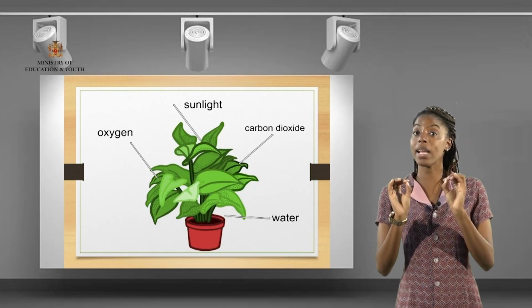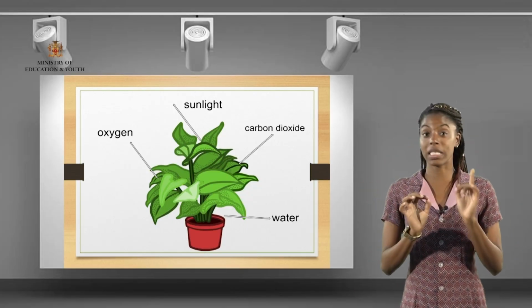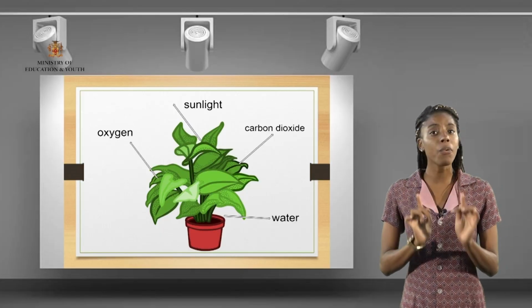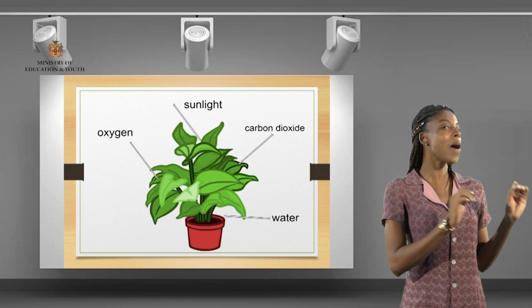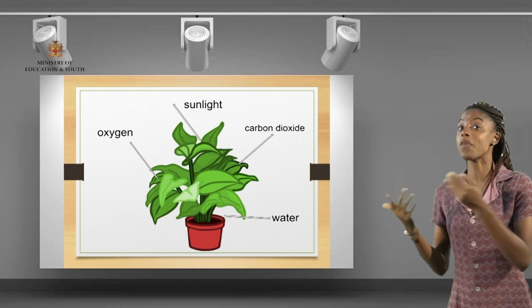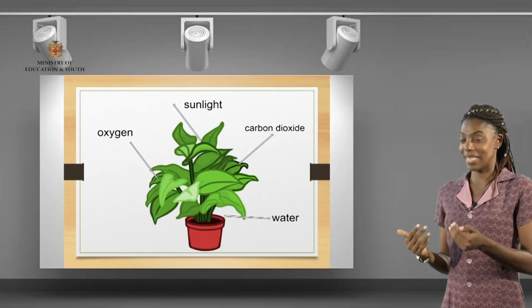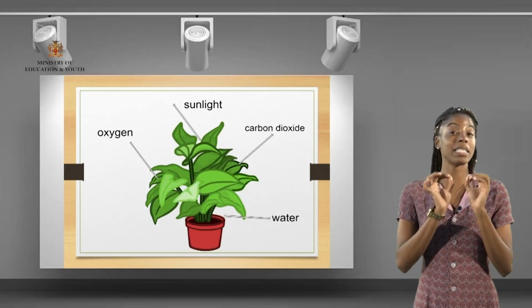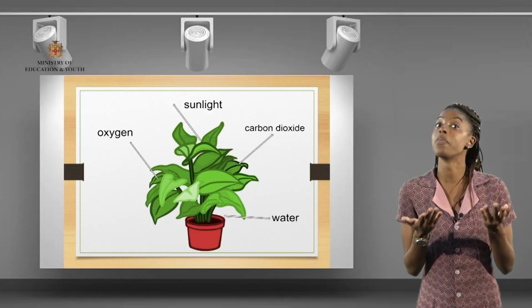So the carbon dioxide from the air with the sunlight and water help the plant to make food. The oxygen that we're seeing on the picture is what we get from the plant. Yes, so we get oxygen from the plant, and this oxygen helps us to breathe.